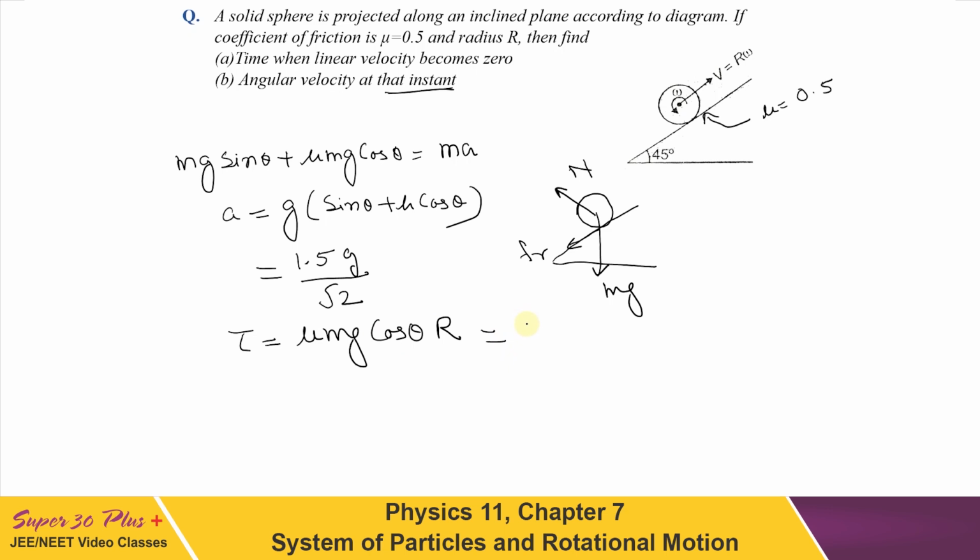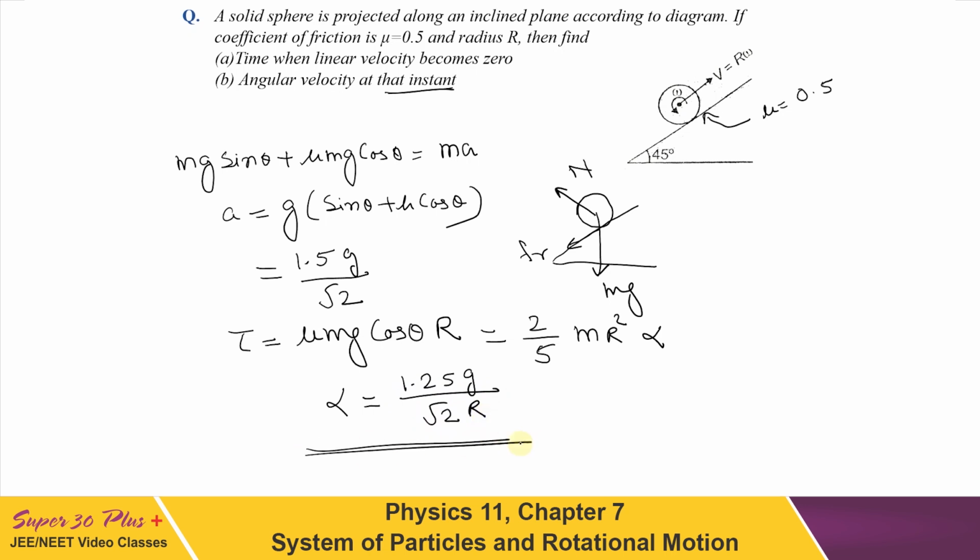Since it is a solid sphere, I is equal to 2/5 mr², so α comes out to be 1.25g/(√2 r). If you substitute all the values, you will get this result.